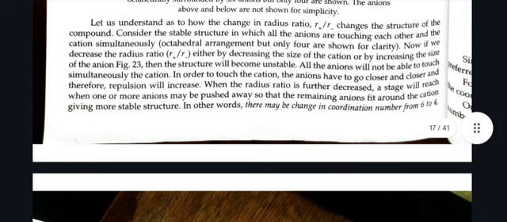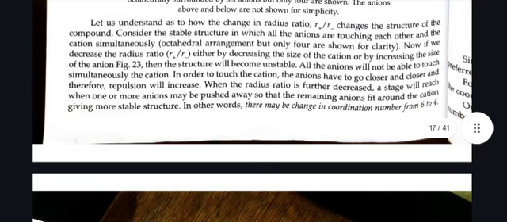All the anions will not be able to touch the cation simultaneously. In order to touch the cation, the anions have to go closer and closer, and therefore repulsion will increase. When the radius ratio is further decreased, a stage will be reached when one or more anions may be pushed away, so the remaining anions fit around the cation, giving a more stable structure. In other words, there may be a change in coordination number from 6 to 4.